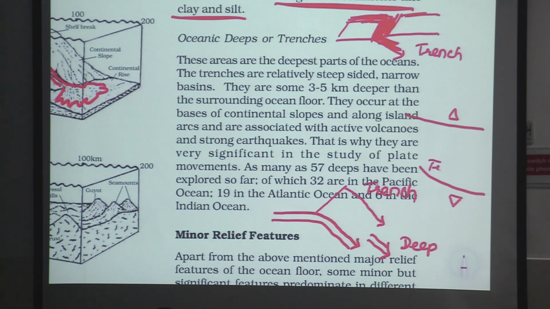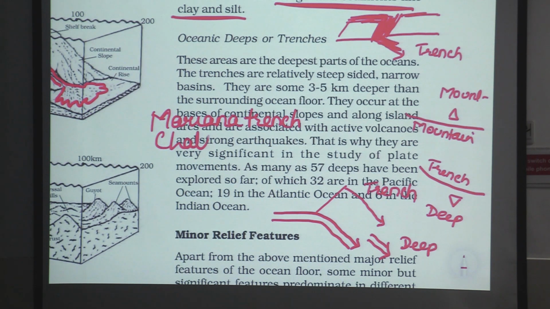So trench is the subduction zone, like a mountain range, and deep is the deepest point of it, like a peak in a mountain. So if I say which is the deepest trench of the world, we say it is Mariana Trench. And what is the deepest point of it? It is called Challenger Deep. I hope you have understood the difference.